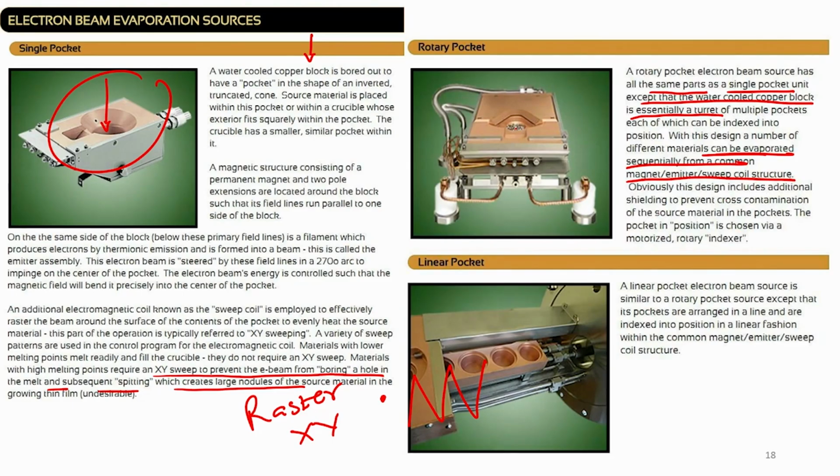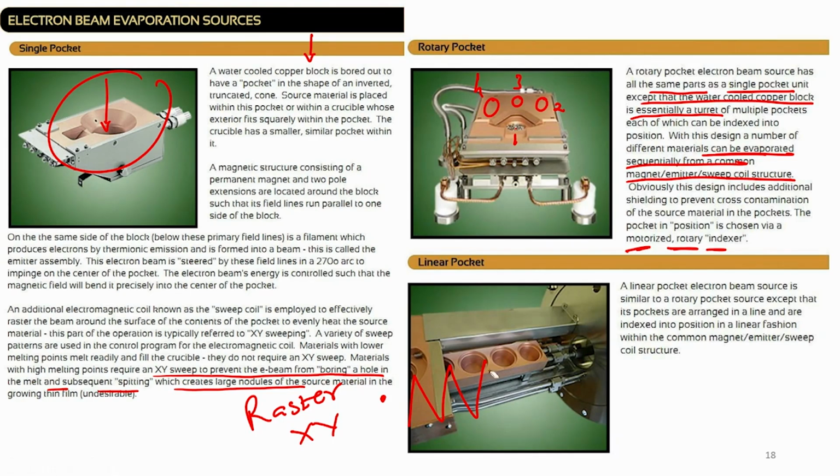Obviously, this includes additional shielding to prevent cross contamination of the pockets. The pocket in position is chosen via a motorized or rotary index. So, we can change this pocket. Let us say there are 4 pockets 1, 2, 3 and 4. We can change the pocket number by using a rotary or a motorized indexer.